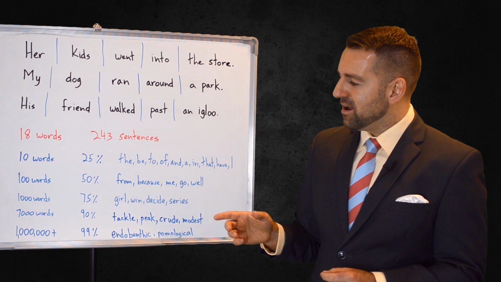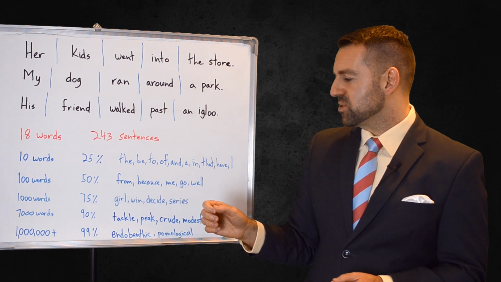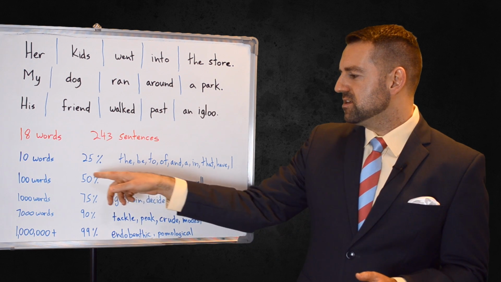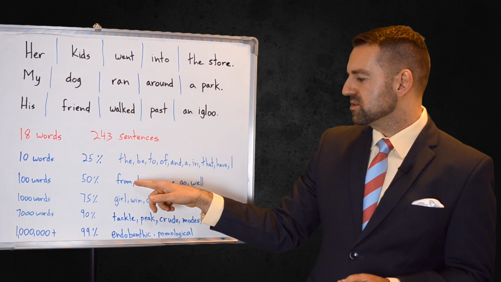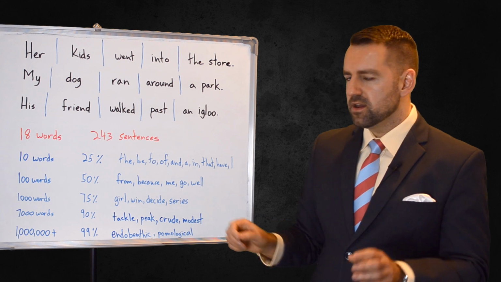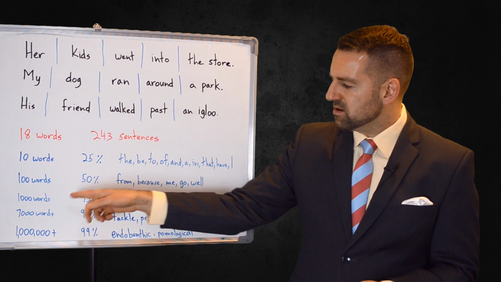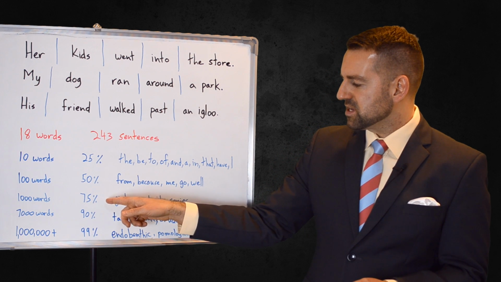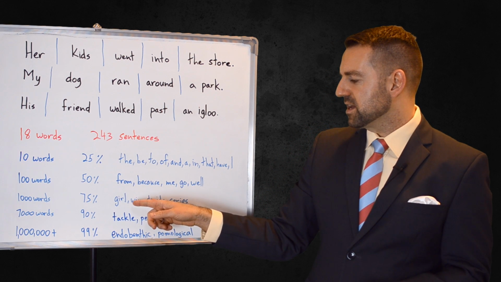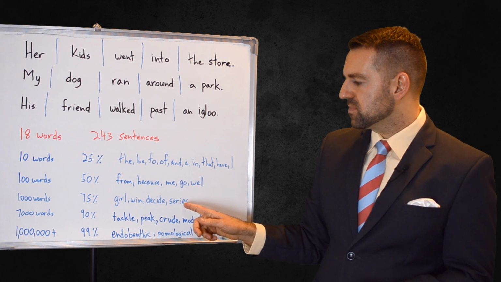Okay, 1,000 words gives you about 75%. So in this 100 words, we have words like from, because, me, go, well. You probably already know those words. And here in the 75%, we have words like girl, win, decide, series.